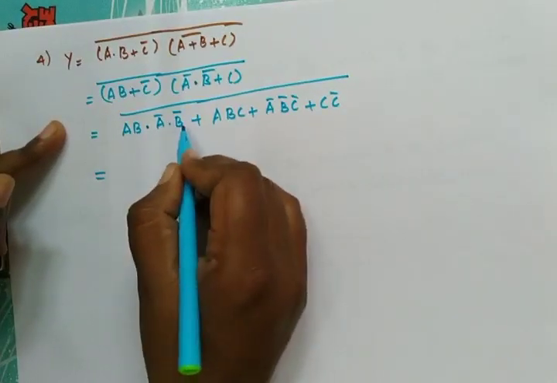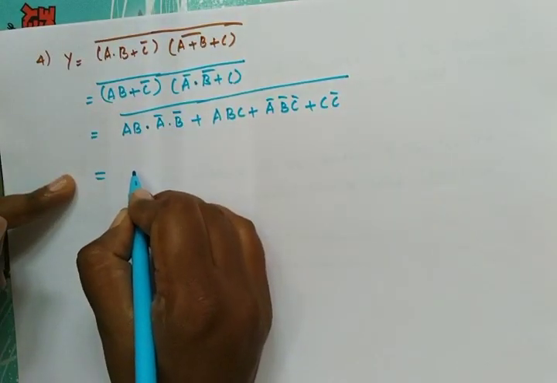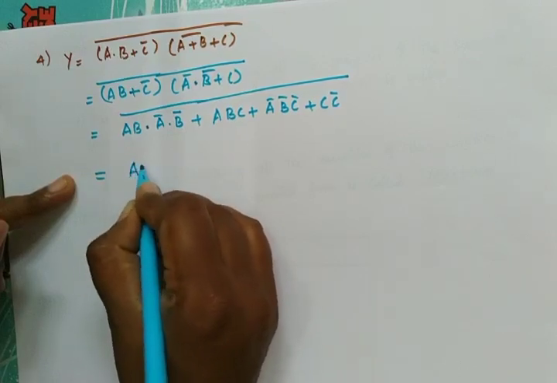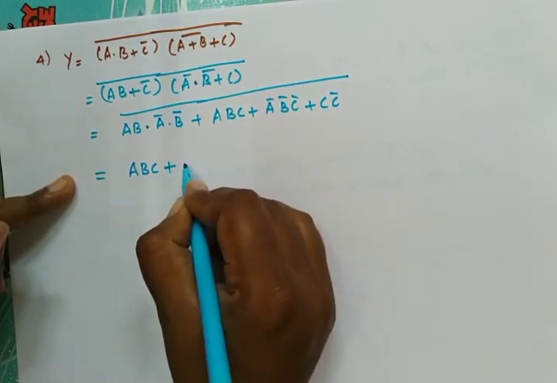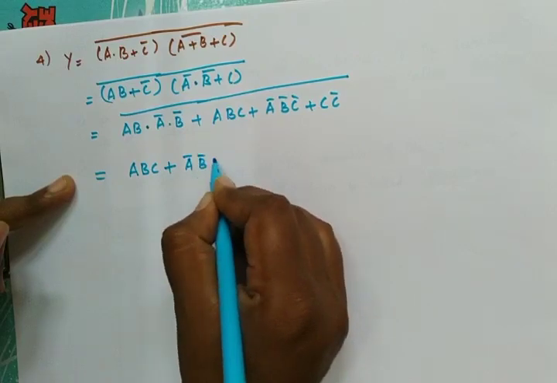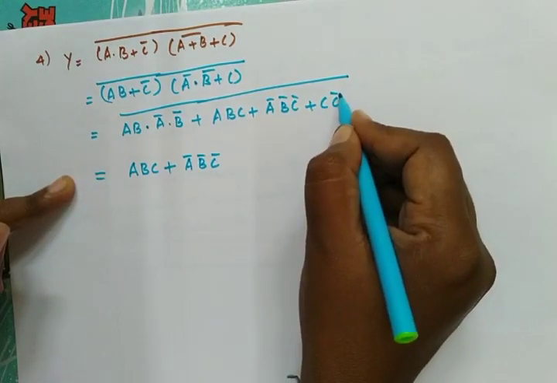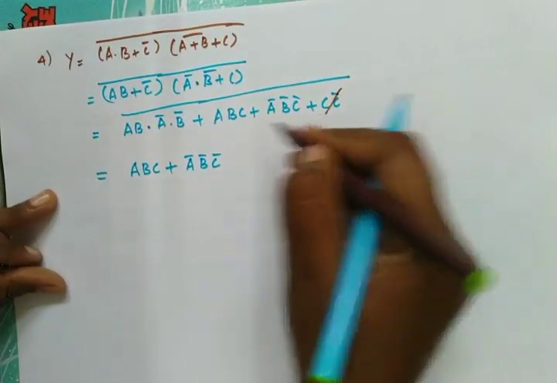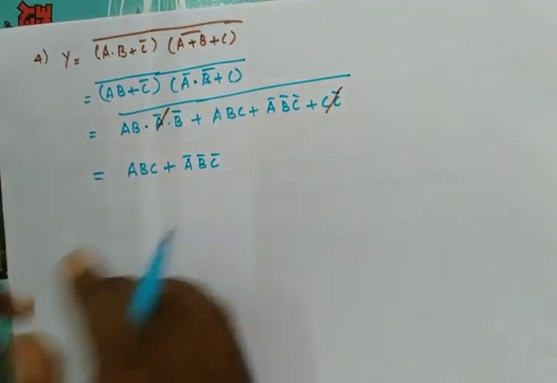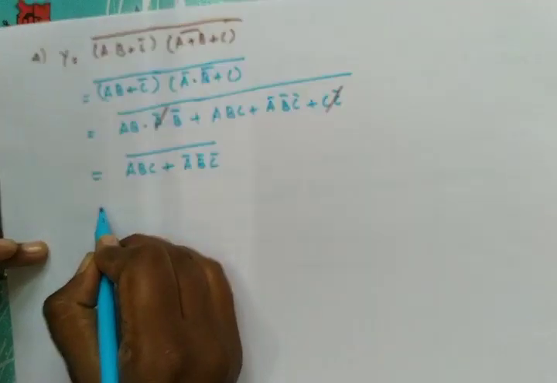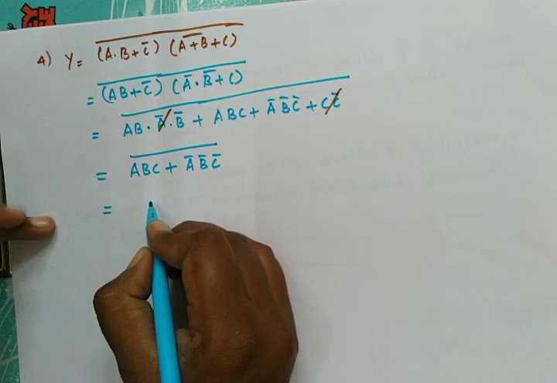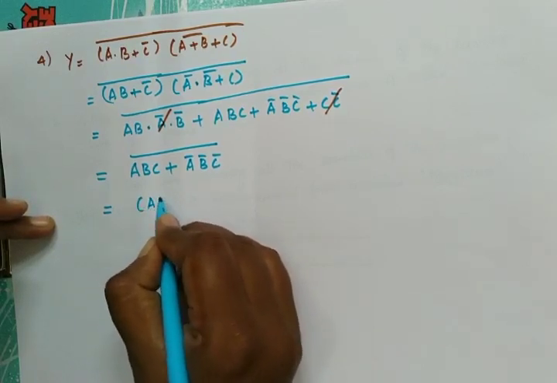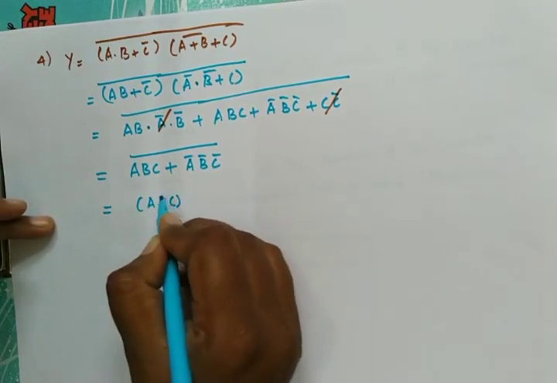Now what happens? This A bar B bar will become 0. Therefore it is equal to ABC plus A bar B bar C bar. That is, again the C bar becomes 0, this A bar will become 0, the whole bar. So we can write this expression as ABC the whole bar.